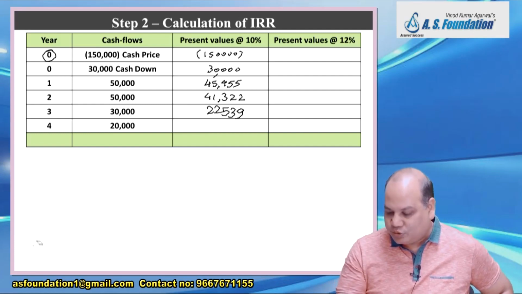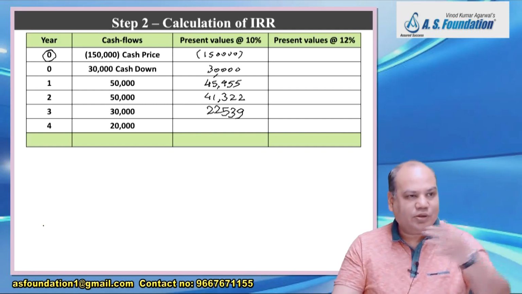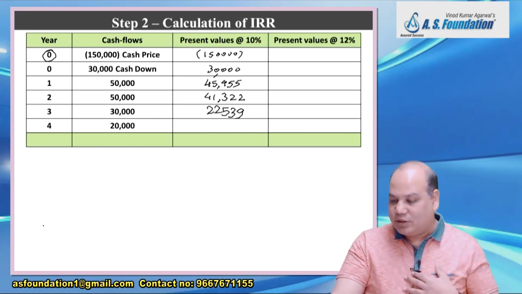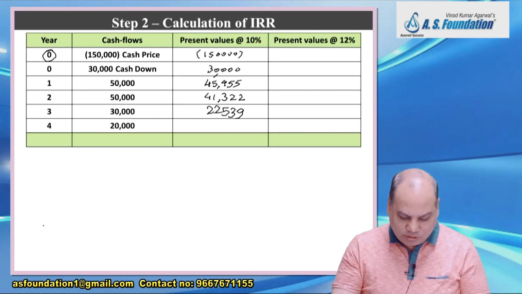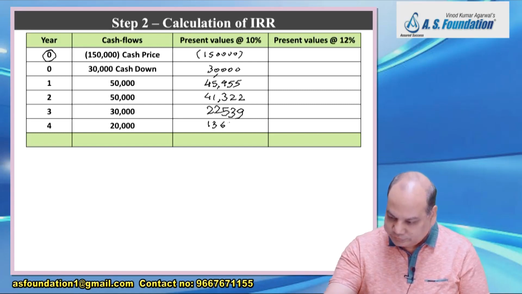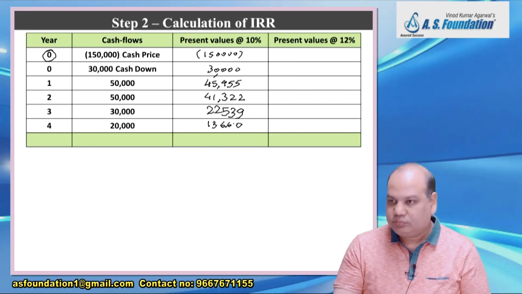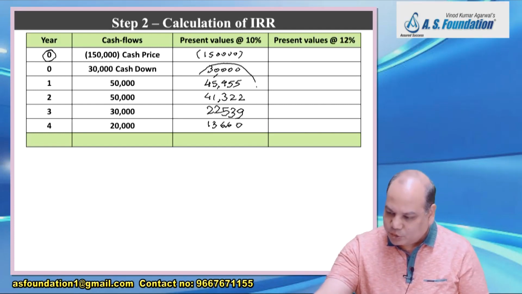Present value, future value. Now take 20,000. 20,000 divided by 1.10 to the power 4. How much? 13,660. Right.